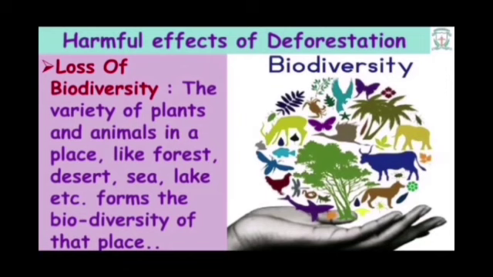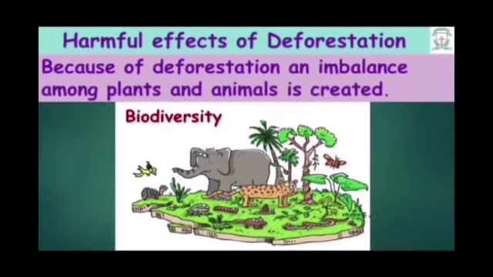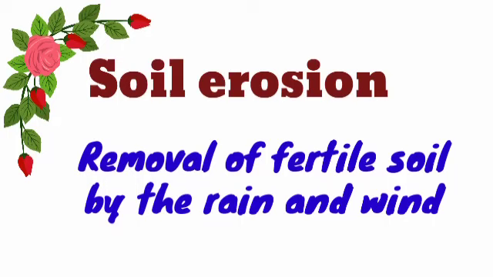The variety of plants and animals in a place like forest, desert, sea, pond, lake, etc. forms the biodiversity of that place. Because of deforestation, an imbalance among plants and animals is created. Soil erosion means removal of fertile soil by the rain and wind.